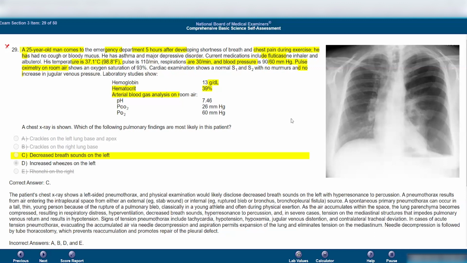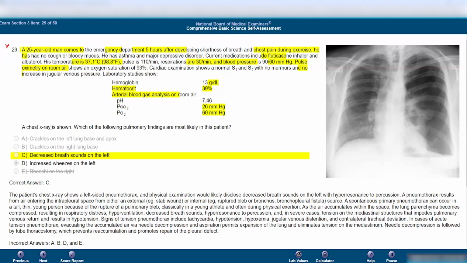Cardiac examination shows S1 and S2 with no murmurs and no JVP. And then you see hemoglobin. I think hemoglobin is 13, which is fine. pH is barely alkalotic, and then PCO2 is low, PO2 is low. I don't remember.